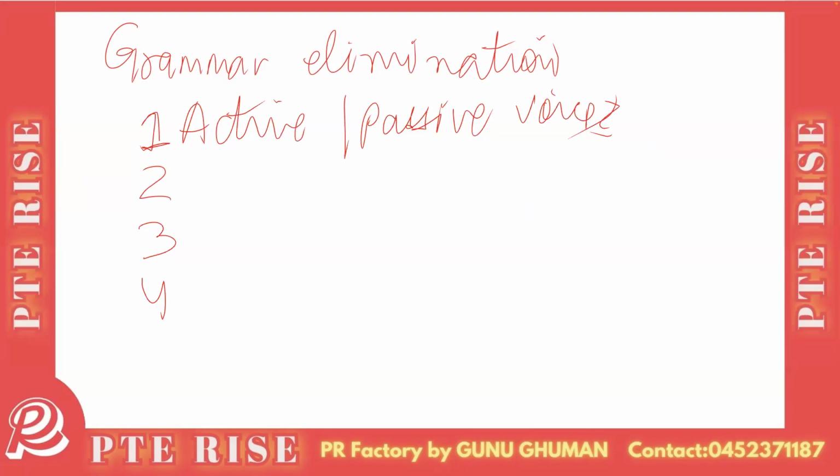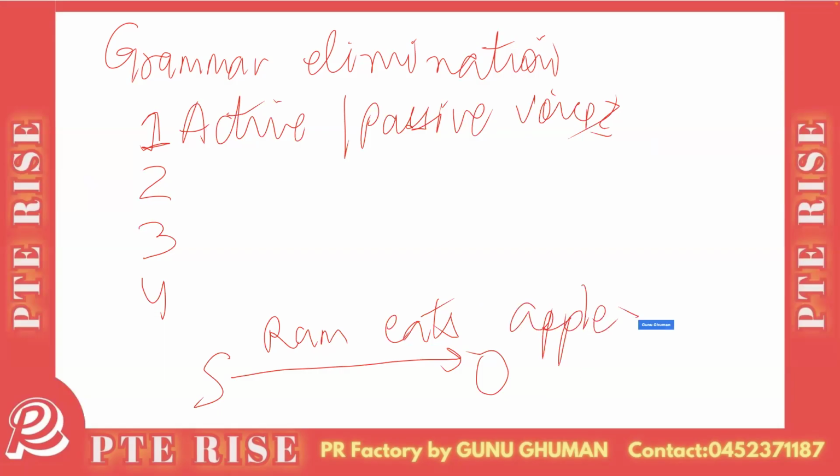Active voice means when the subject is doing action on an object. Like, we can simply keep a very small sentence, Ram eats apple. Always keep a simple sentence. Now, who is doing the action? Ram. And the action is happening on apple. So it is called active tense.